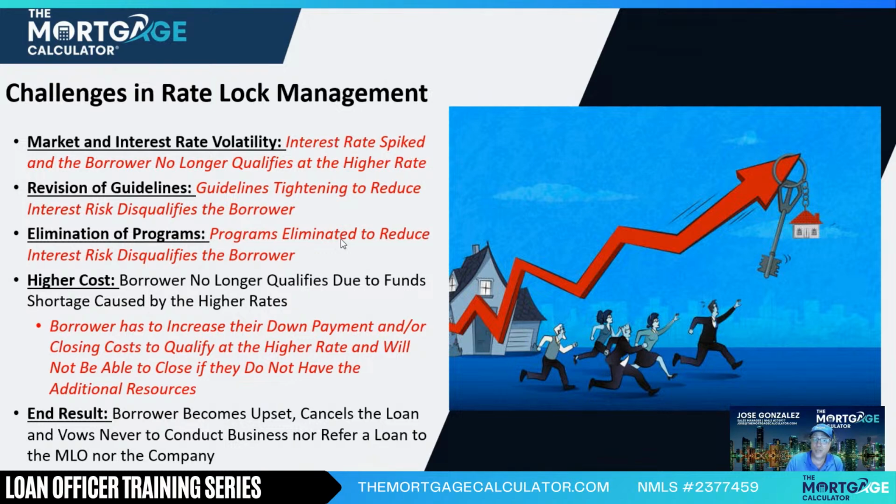Remember, interest rate risk is what happens, for example, to the value of their portfolio when interest rates change. What's the value of the portfolio of loans, or that particular loan, which is already locked in? So sometimes they'll revise guidelines and make them tighter, right? Tightening of the guidelines reduces the risk. Hence, the price on that loan or on that loan type could remain the same because you lowered the risk.